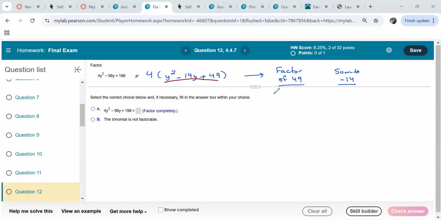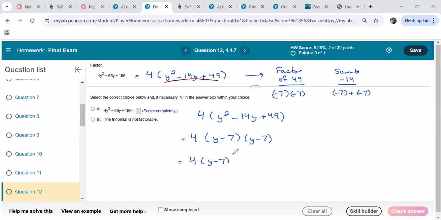So two numbers that would work would be -7 times -7. They multiply to give me 49. And you could add them to get a -14. So this part in here can factor into y minus 7 and y minus 7. So you could leave it like this, or write 4 times (y minus 7) squared.